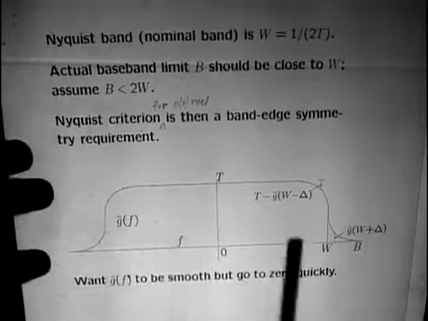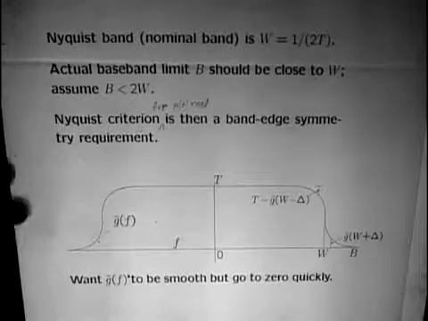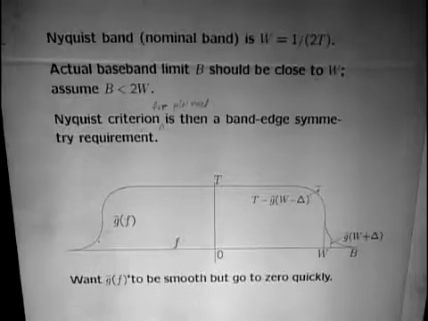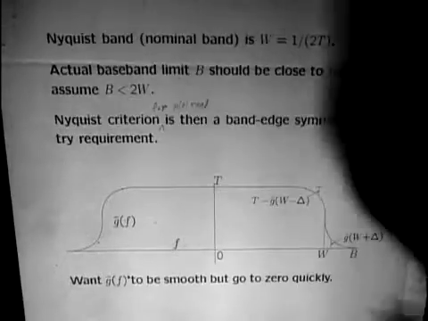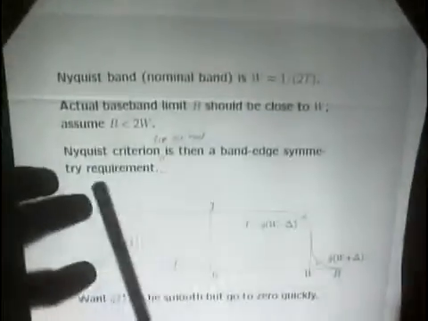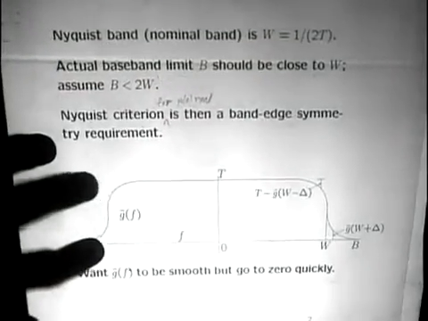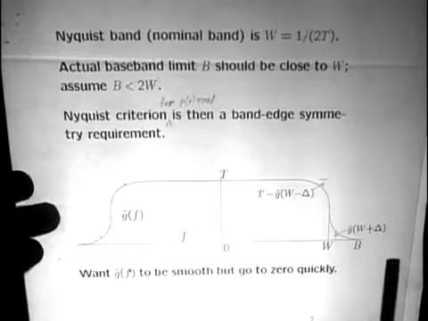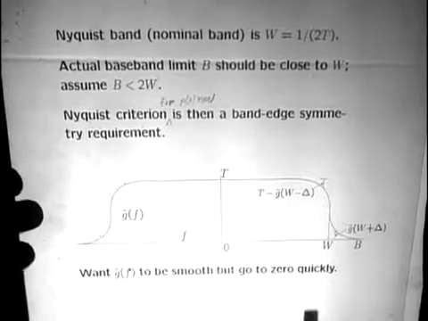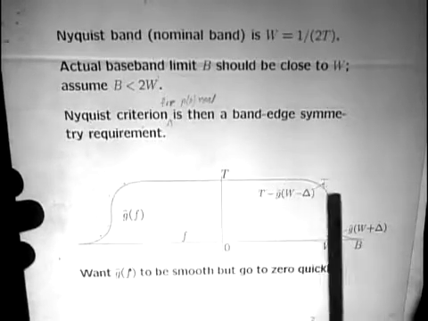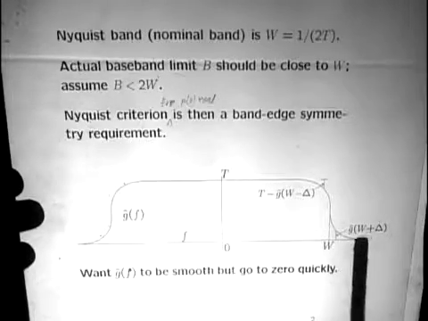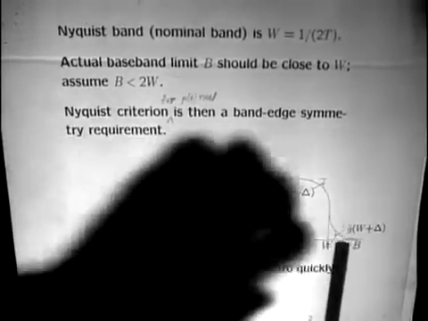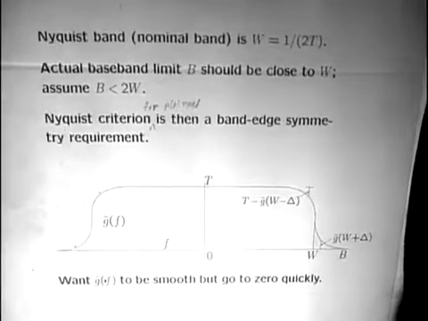When you try to design a filter that way, and you satisfy the Nyquist criterion, which is talking about all of these bands all the way out to infinity, and the fact they have to add up in a certain way, if this function has to go to 0 before you get out to 2W, then the only thing you have to worry about is what this waveform looks like here. You take this and you pick it up and you put it over here and you add it up.